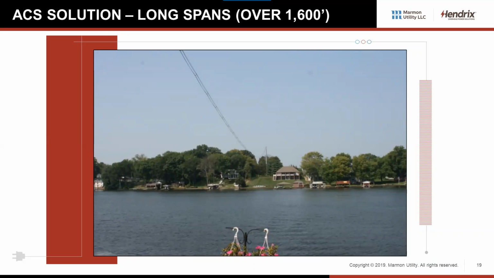So they looked at just rerouting the conductor and skirting the edge of the lake. And that was, I want to say, 7 or 8 miles, and was still going to run them $700,000-800,000. So they did this 1,600 foot span for right around 250 grand.